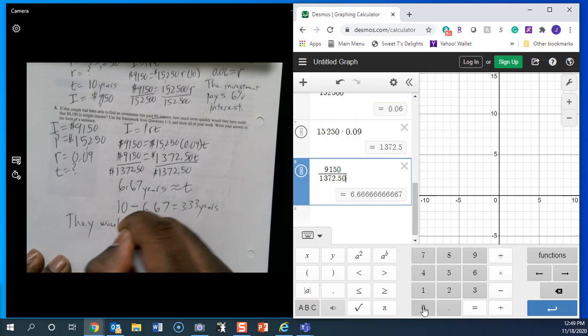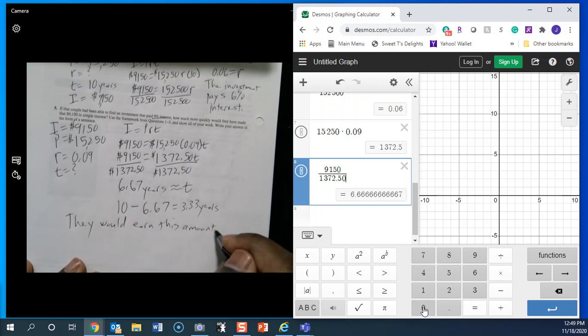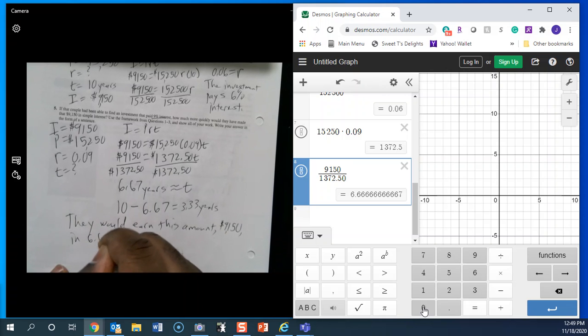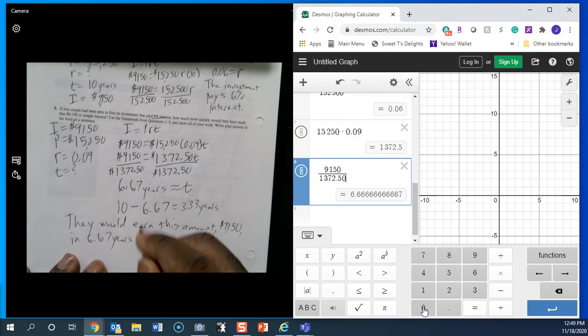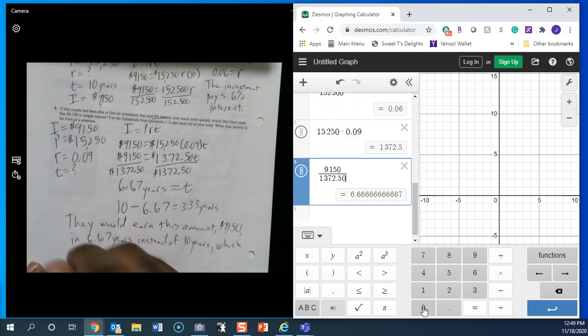They would earn this amount, which is the $9,150 in 6.67 years instead of 10 years, which is 3.33 years faster.